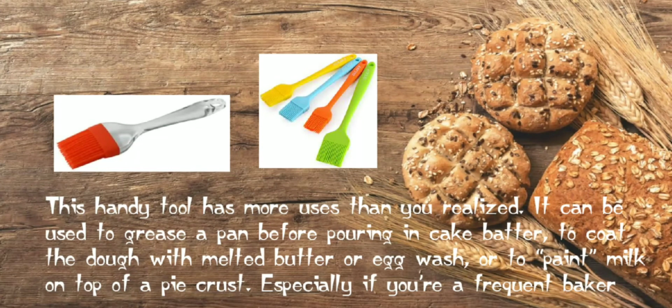This handy tool has more uses than you realize. It can be used to grease a pan before pouring in cake batter, to coat dough with melted butter or egg wash, or to paint milk on top of a pie crust, especially if you're a frequent baker.